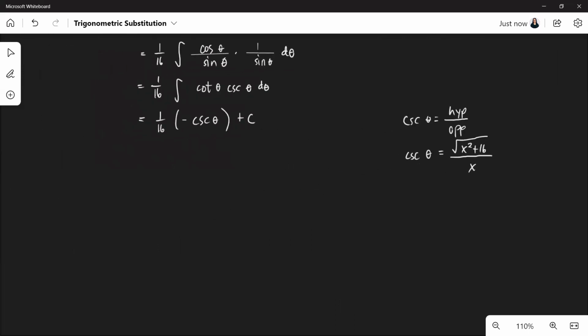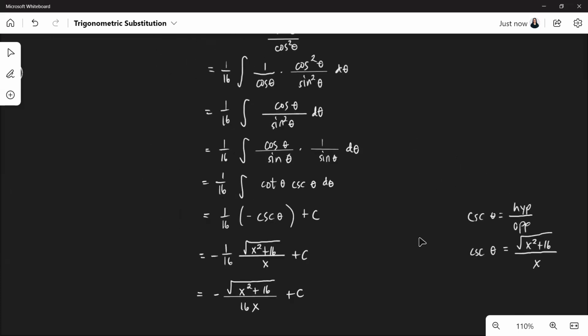So it's negative 1 over 16 times square root of x squared plus 16, and then all over x plus c. You can write it as that fraction, or product of two fractions, or you can also write it as one fraction: negative square root of x squared plus 16 all over 16x plus c.